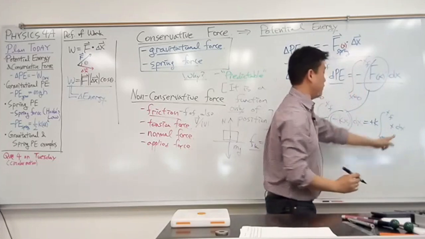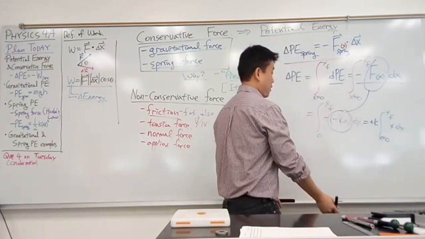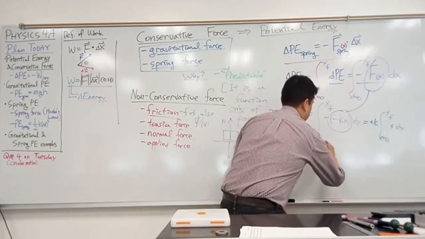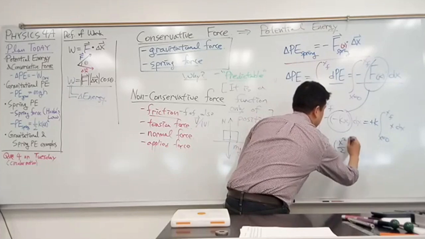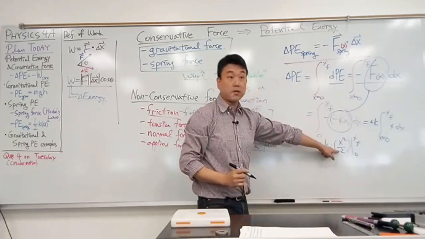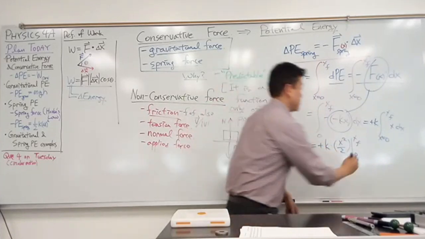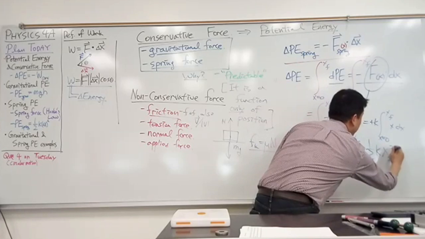What's the antiderivative of x? x squared over 2. So this integral evaluates as plus k times x squared over 2, evaluated from 0 to x final. So that's where the factor of 1/2 came from. So it's 1/2 k x final squared.